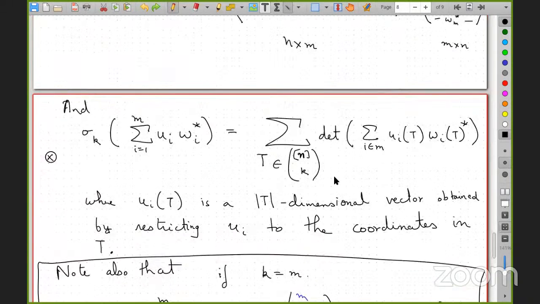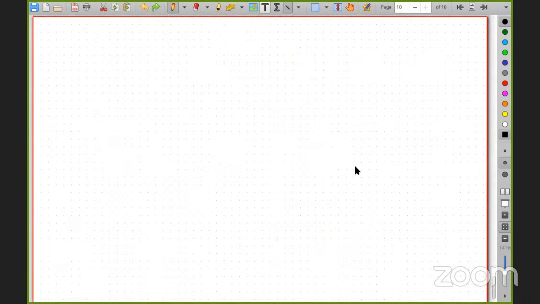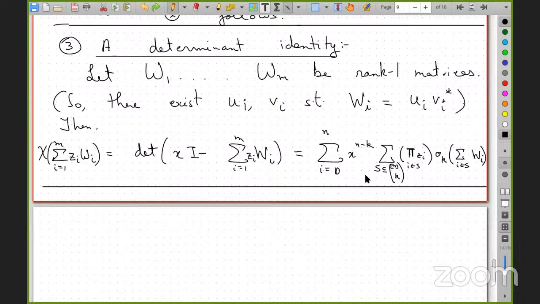And just to avoid tracking signs, let me do it with plus, and then with the minus it's easy. You just have to put a minus 1 to the power corresponding thing. So let's just prove this first.